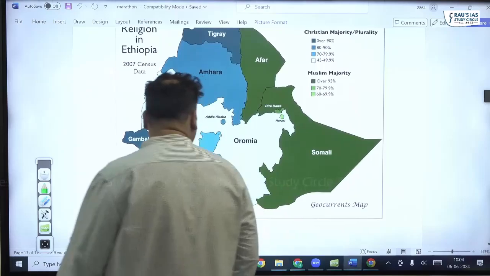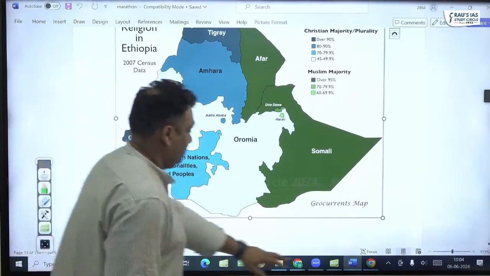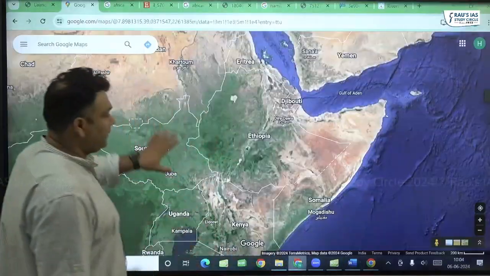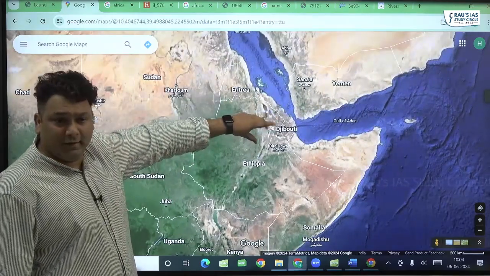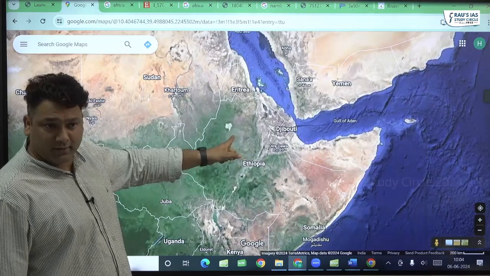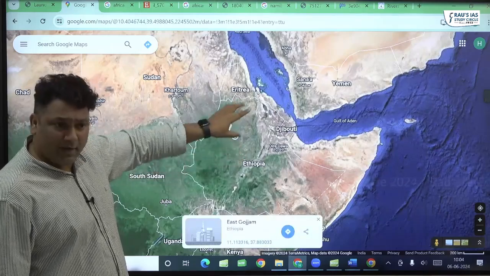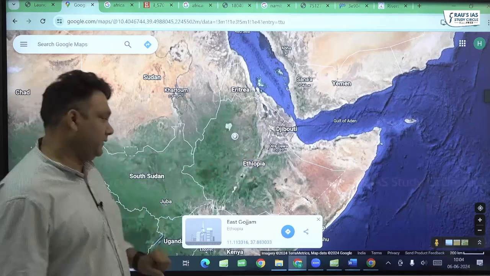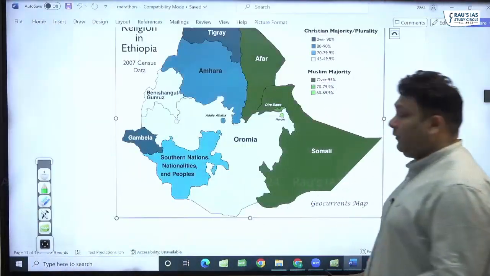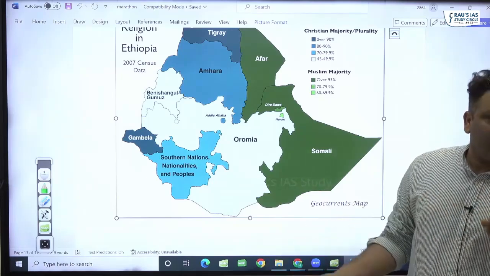Obviously, you can guess where the Christians will be and where the Muslims will be. Again, look at the geography. So this dry part, especially Tigray and Amara, will be having Muslims over here, and here in the southern part will be having Christians. So it is not just the ethnic divide; it's also a religious divide.